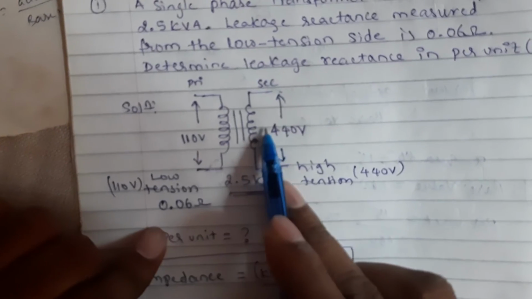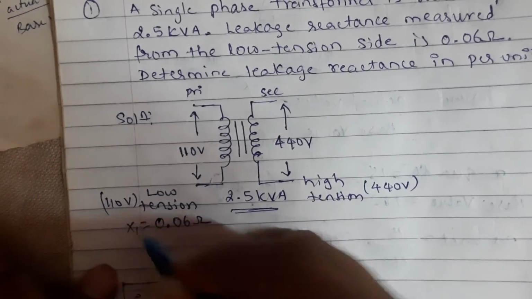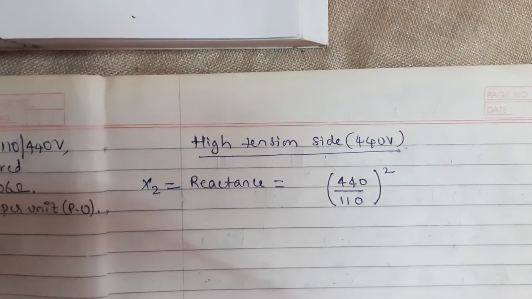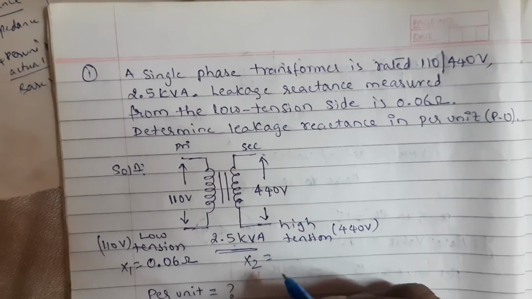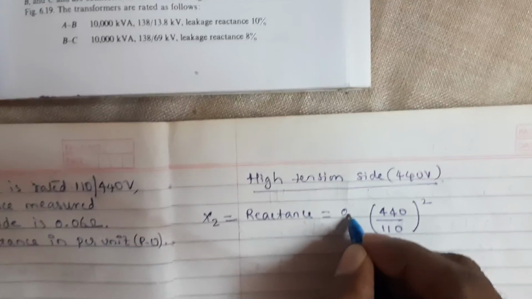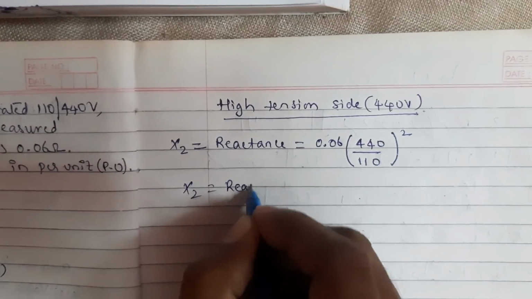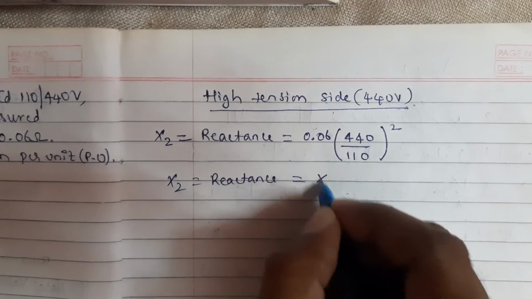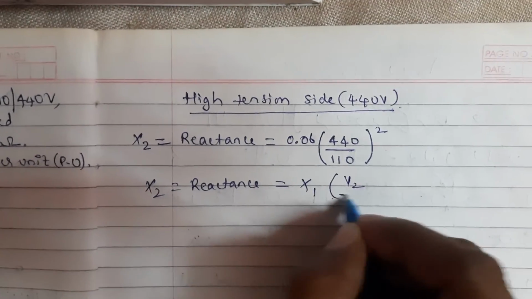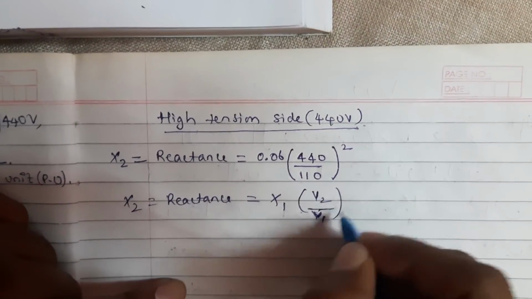This is x1, and we want to find the value of x2. We have to consider x1 as 0.06, and the formula for x2 is x1 times V2 divided by V1, whole squared.